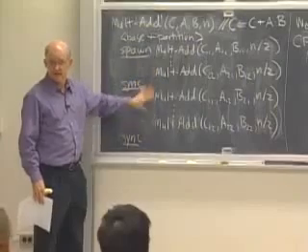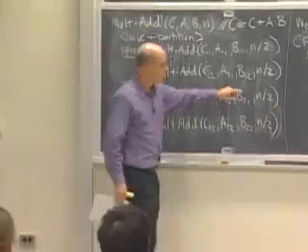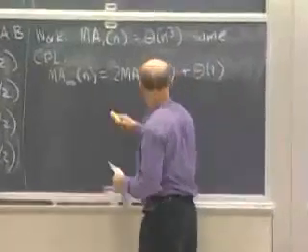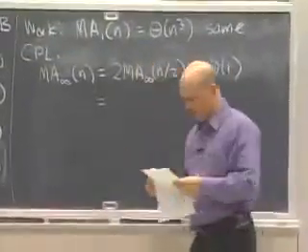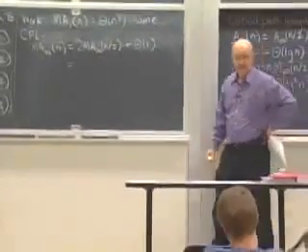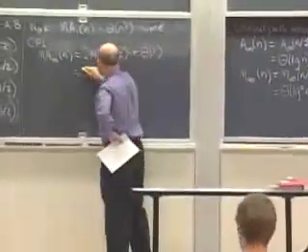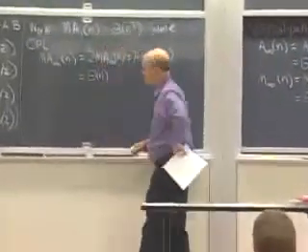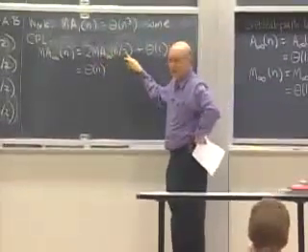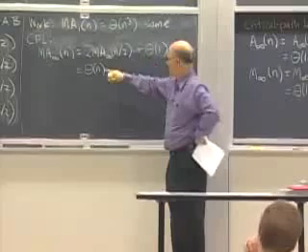So people see that? So I get this recurrence, 2 M infinity of n over 2 plus order 1. And what's the solution of that? Yeah, that's order n, because n to the log base 2 of 2 is n, and that's bigger than 1, so we get order n.